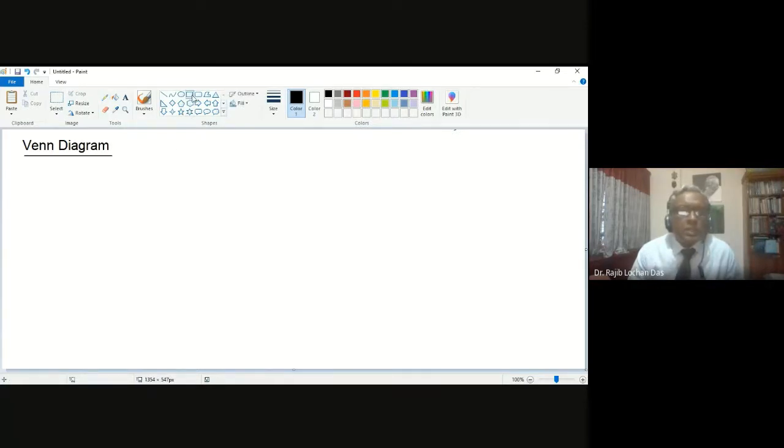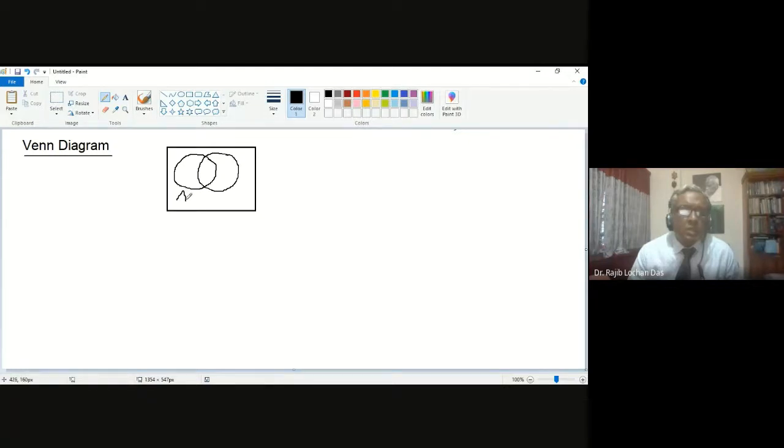Okay, so one big rectangle will be there. That is the universal set, and there may be circles inside. You can have 2 circles or 3 circles or 5 circles. One circle is one set. If you have 2 circles, they may have names.